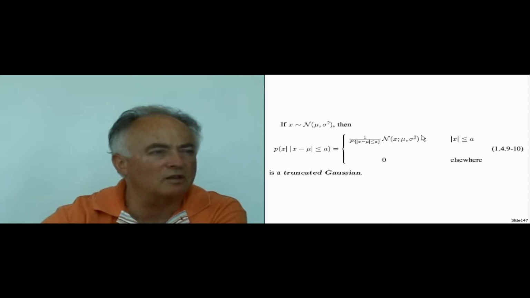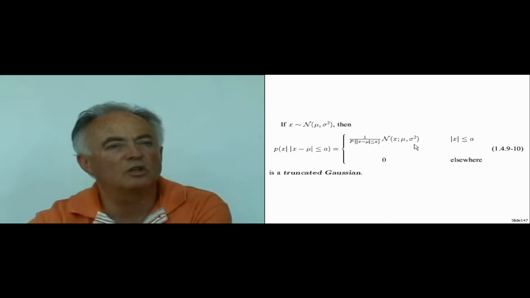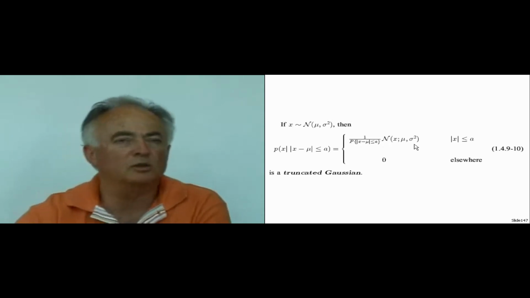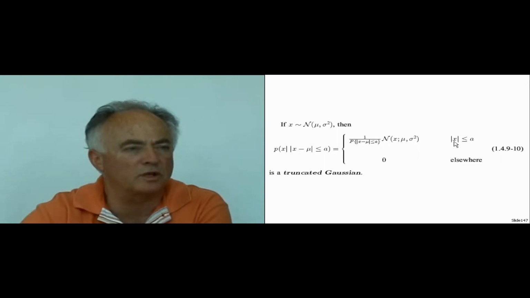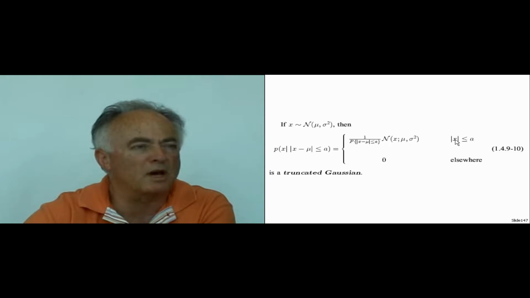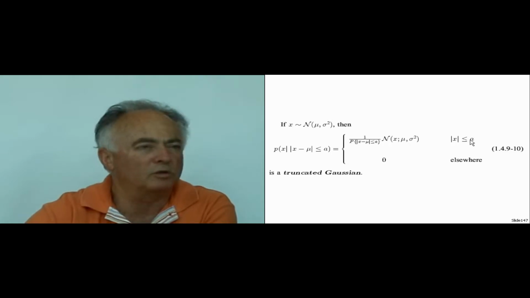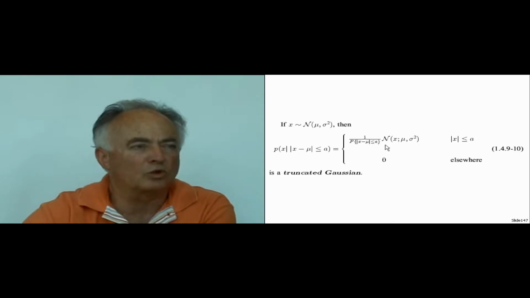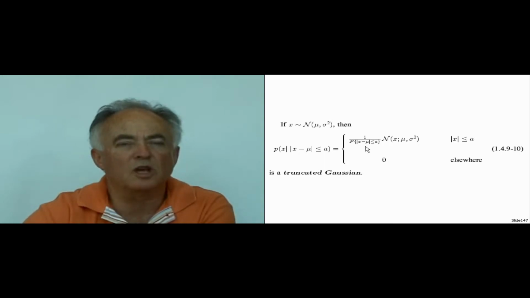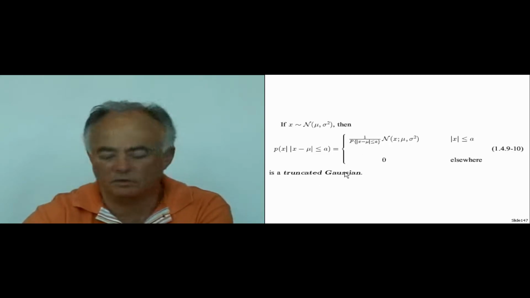Again, this is a truncated version of my original Gaussian density, truncated both on the left and on the right because of the magnitude. So the integral of this twice truncated PDF, once on each end, would again be equal to unity.